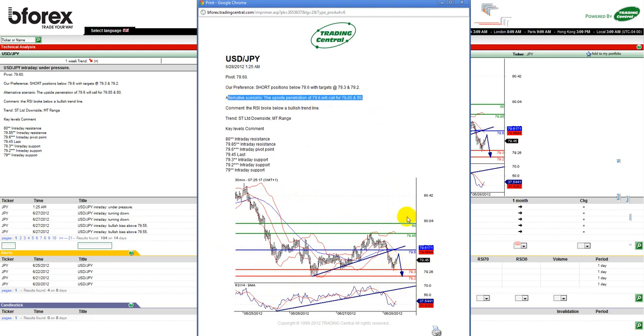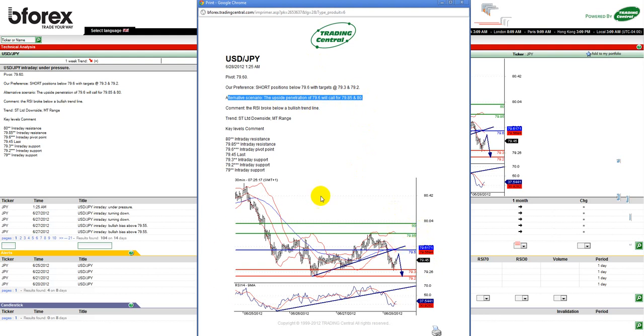You're going to buy the position, and your stop loss will never be above 79.6. It has to be at 79.6 or maybe a bit below. Your 79.85 and 80 will be your take profit.